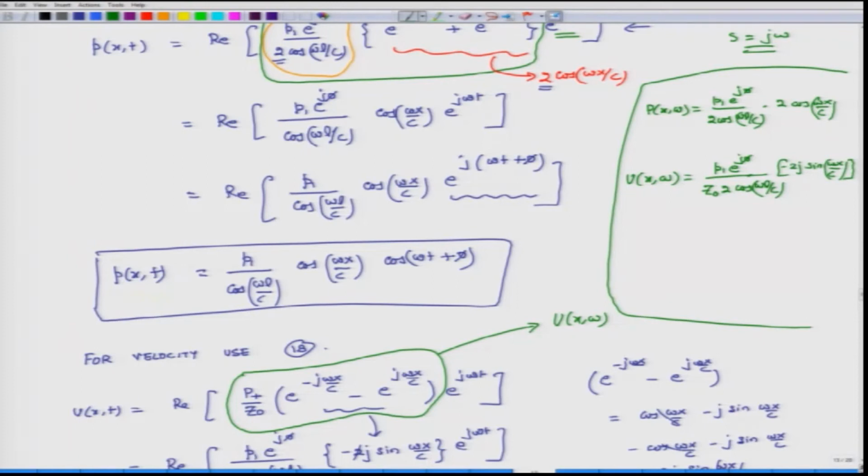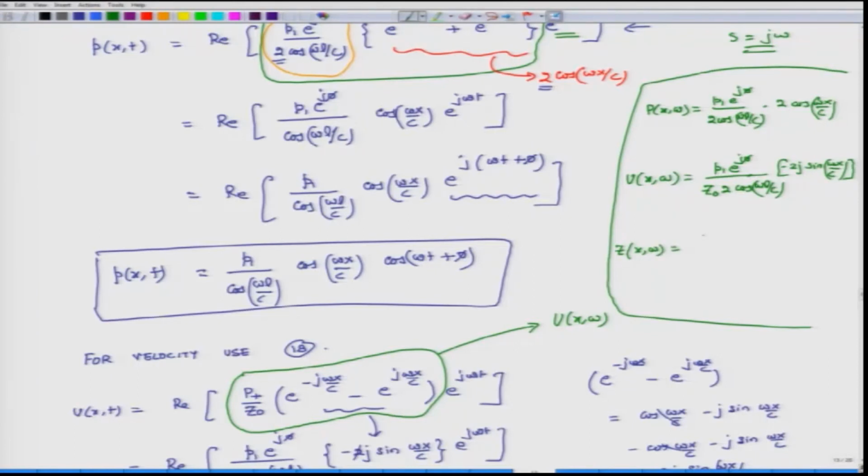If I have to compute the specific acoustic impedance of this system, that is a function of P x omega and U x omega.